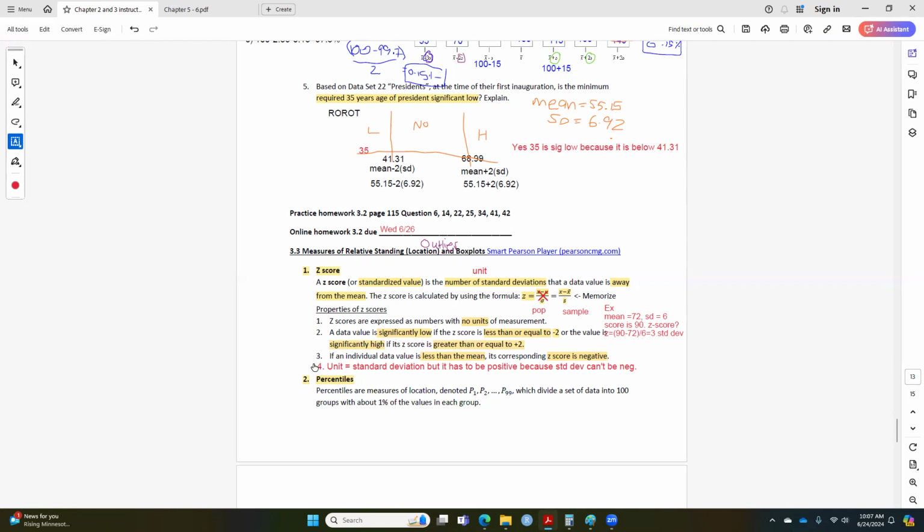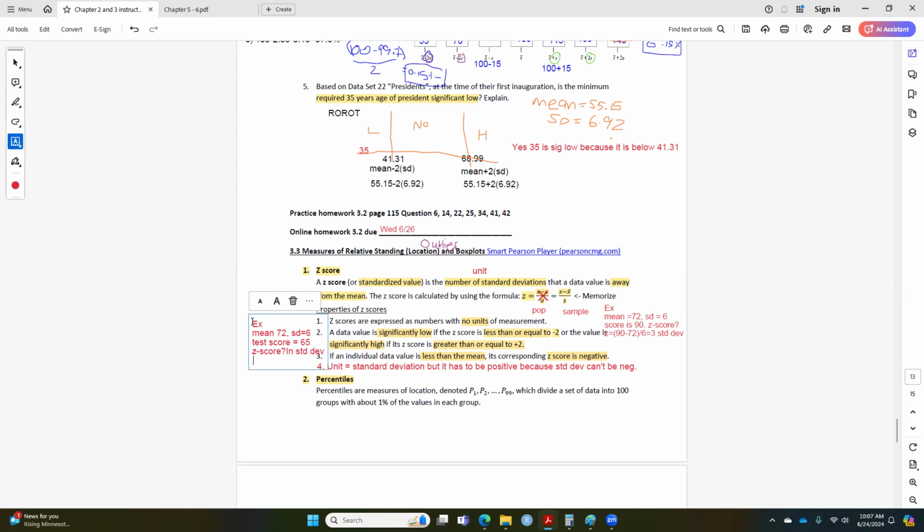Example, what do I mean by this number 4? Let's say the mean of the test is 72, the example that we just did here. Your standard deviation is 6. Your test score, now we do below the mean, let's say you got 65. So the question is, what is the z-score, and what is the z-score in standard deviation?